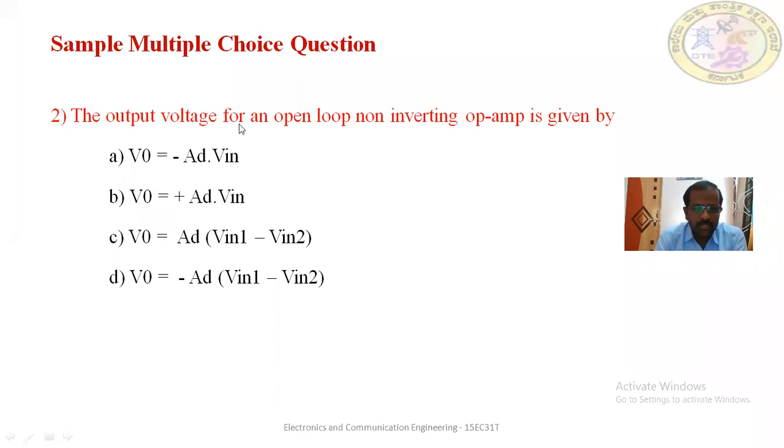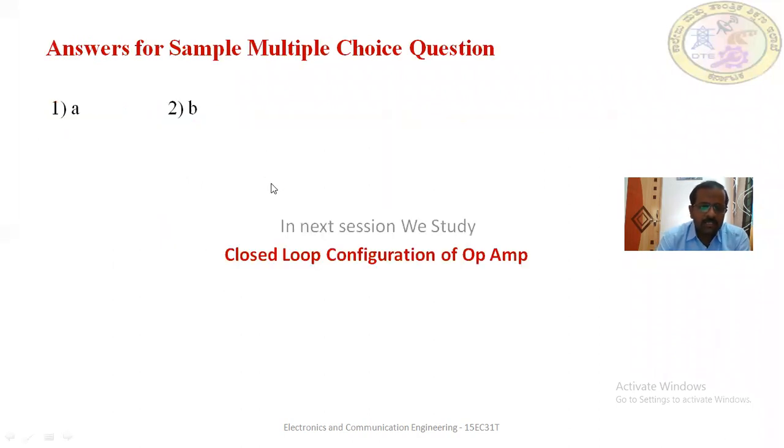So the output voltage for an open loop non-inverting op amp is given by V naught equal to plus AD into V in. So all these are the sample multiple choice question answers here.